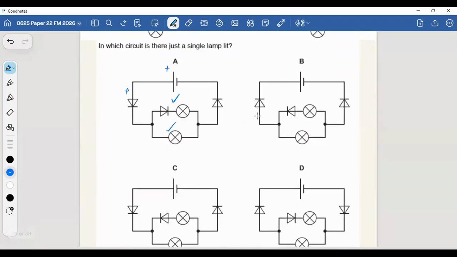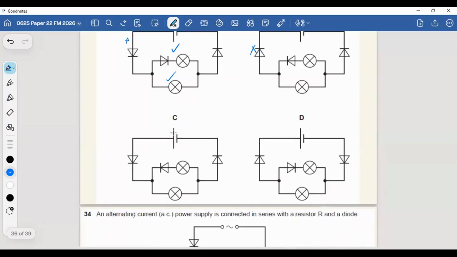Here it is not allowing any of the current to flow. So this is blocked. Again, this one is allowing the current, here it is blocking the current and current flows through here. This is allowing only one of the lamps to have the current flow through it. This was blocking the current.